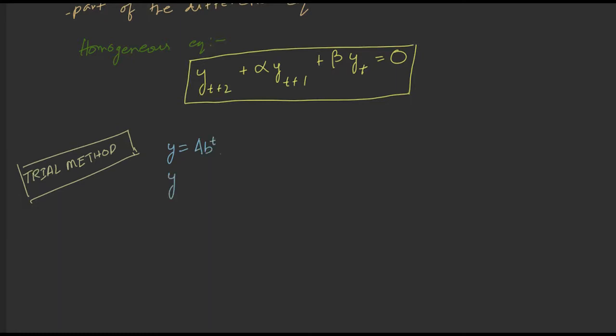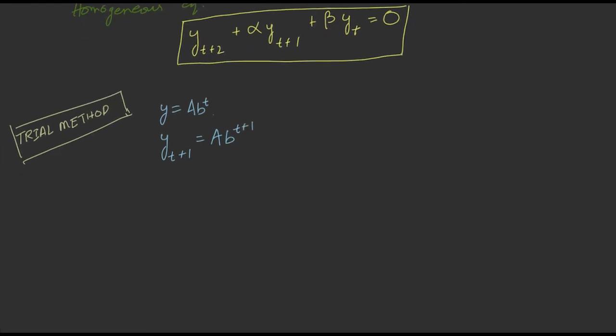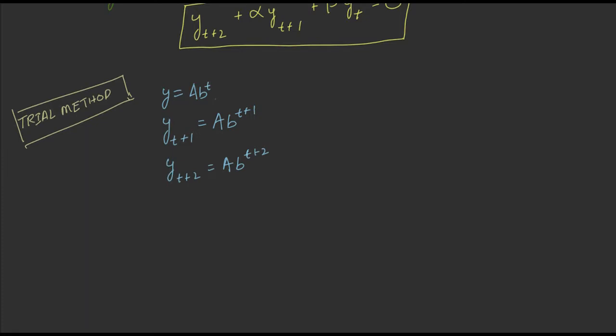Therefore, y t plus 1 equals a b to the power t plus 1, where a is any other constant whose value we will find later on, and y t plus 2 equals a b to the power t plus 2. The simplest method. We will replace these values in the homogeneous equation.